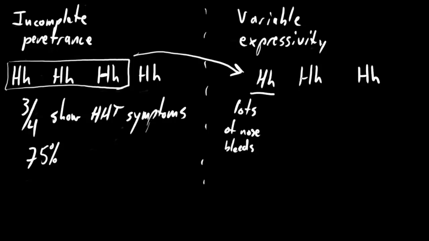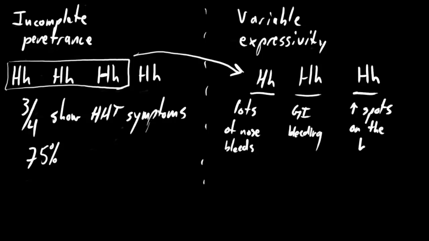And that this second person here, well, they have lots of GI bleeding. The first person doesn't really have that much GI bleeding. And then this last person, let's say, has lots of spots on the top of their hands. So the same exact mutation is causing different symptoms in each of the 3 different people, and for this reason, it's often hard to diagnose the disease itself.